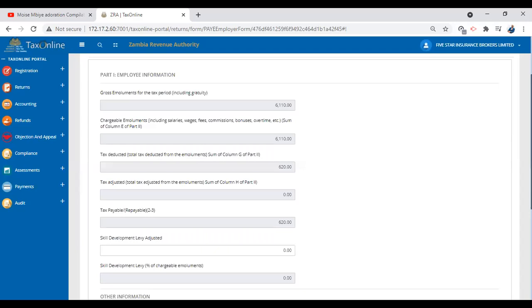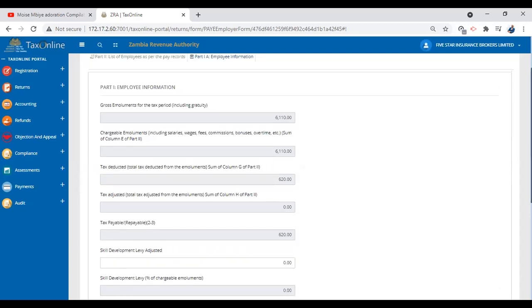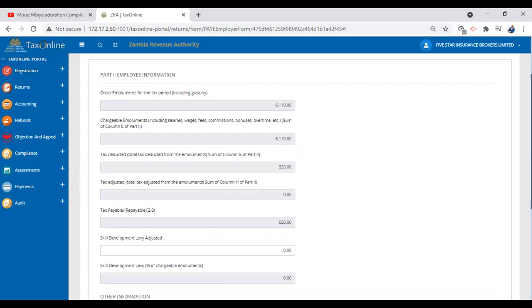Are you able to see this part? Employee information. It's still processing. And your line has started breaking again. Oh, I don't know what the problem is with our network today. Are we there yet?